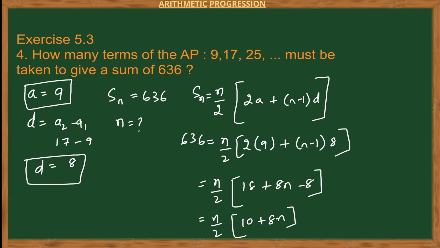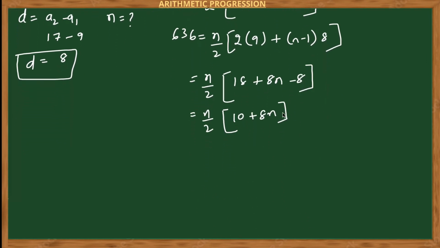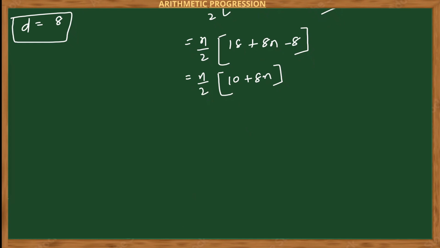Let's bring it down. 636, let's bring it here. Let's multiply n by 2 into this bracket, so it becomes n divided by 2 into 10. 2 gets divided by 10, so it becomes 5n, plus 2 gets divided into 8, 4, n into n, 4n square.